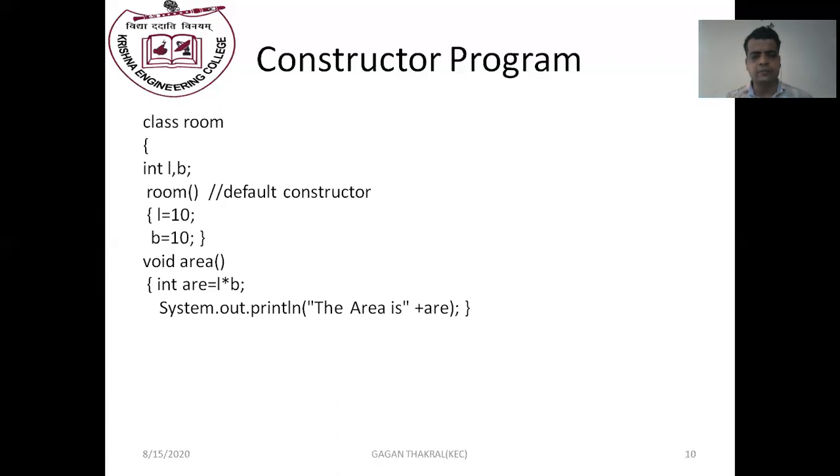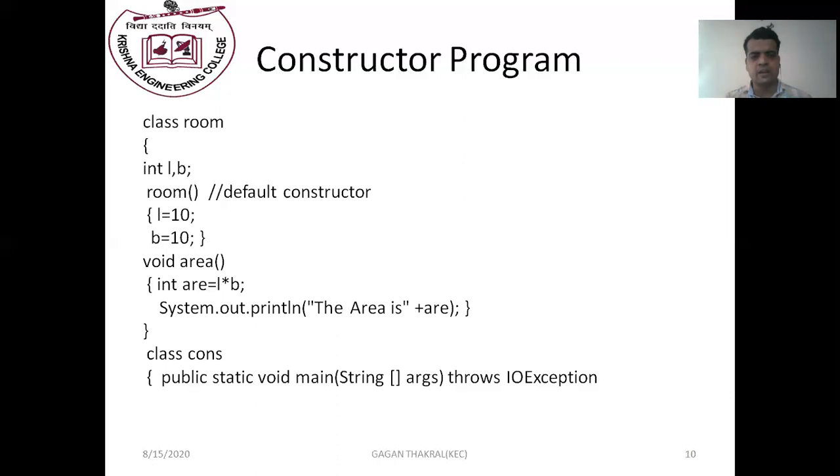Now we write a new class, which contains the main method of Java, and this class is known as the main class of Java. Then we write public static void main as the main function, and we create an object obj of the room class, and with the help of this object we directly call the area function of the room class.